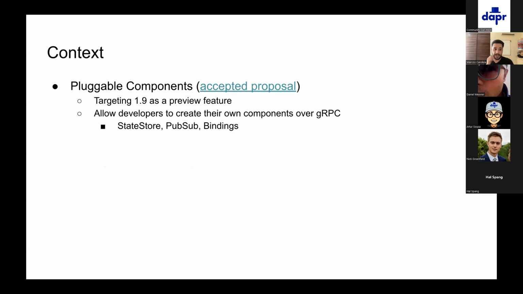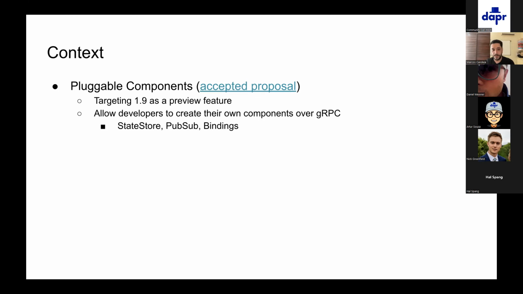Well, this is because of the pluggable components feature, which is targeting 1.9 as a preview feature. I will not deep dive into what a pluggable component is, but we have an accepted proposal in GitHub. You can check there. For now, you can assume that it is a way for developers to create their own components over gRPC.